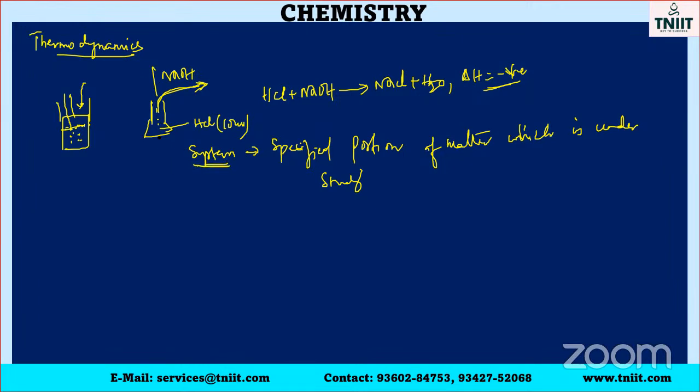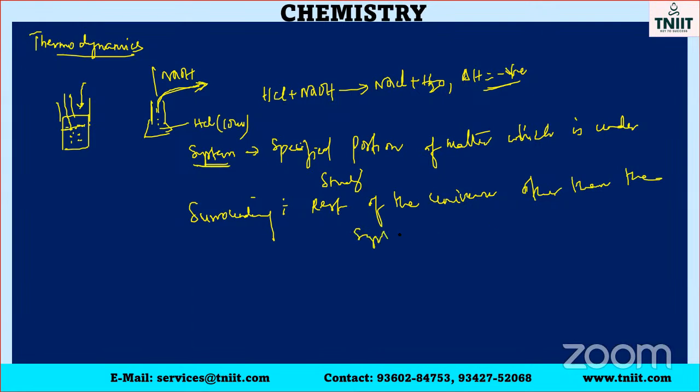Other than the HCl in the conical flask, everything outside the conical flask will be called the surroundings. So the rest of the universe other than the system is called the surroundings. System and surroundings together are called the universe.